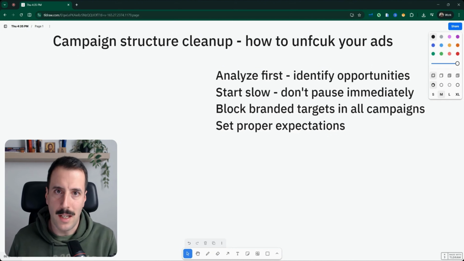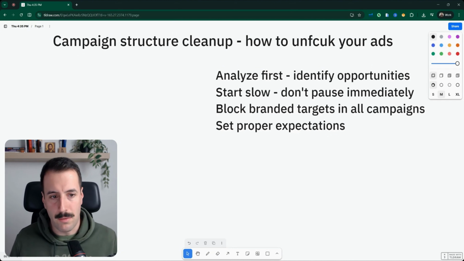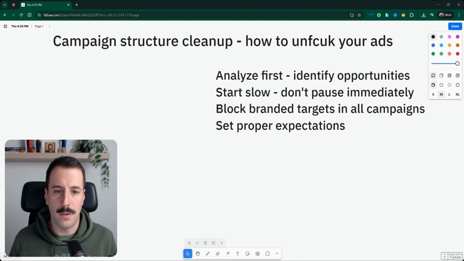Let's say a real case scenario. A few weeks ago, I analyzed an account which literally had more than 20 ad groups in one campaign. Some of them were performing really good, some of them not, some were terrible, and some didn't even have proper clicks and engagement.